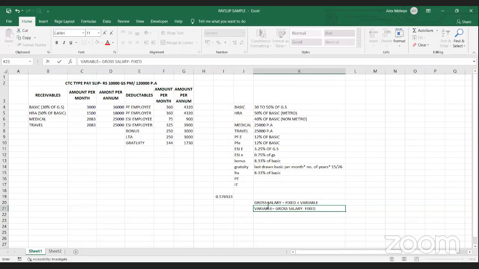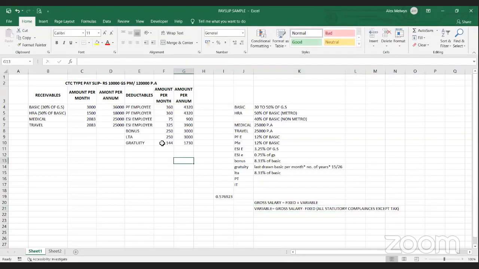So what is fixed is, it is all statutory compliance except taxes. So that is what it means. Which means whatever is being listed here, I need to add everything and minus it from gross salary. Simple.